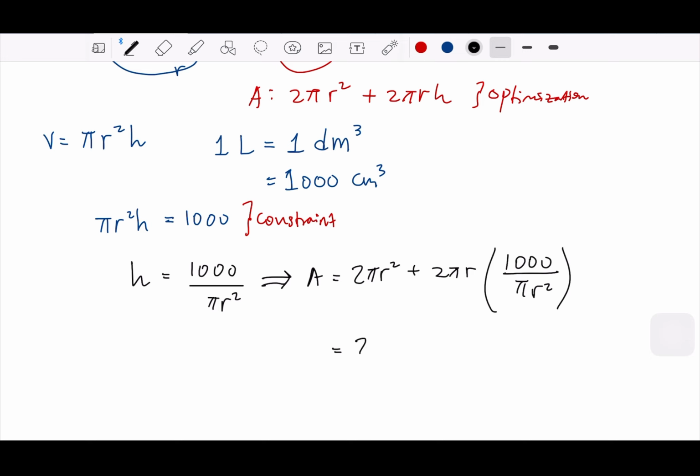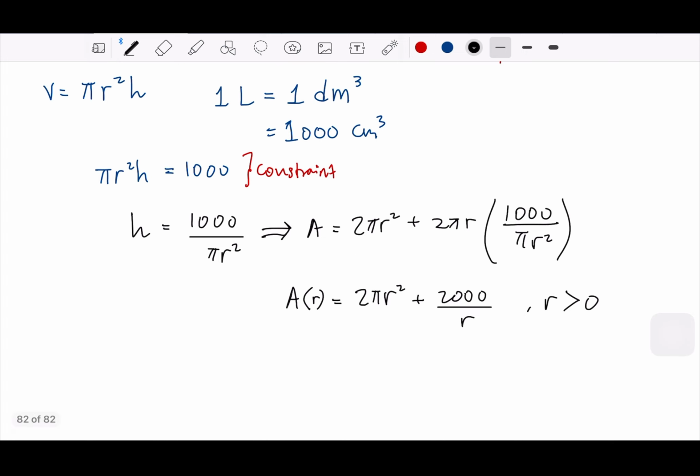Let me just solve this. That's the equation. We can write this in terms of a function like that, and of course r should be positive, greater than 0.